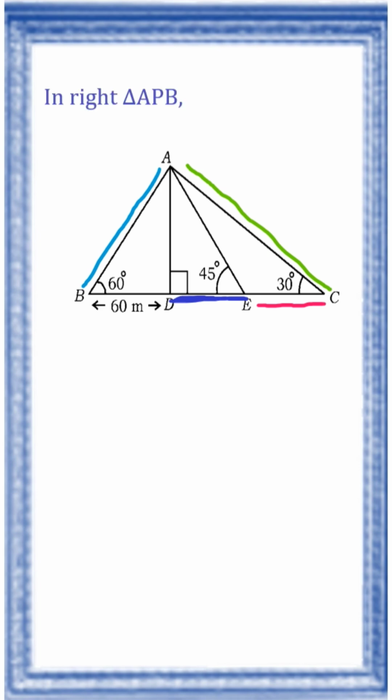In the right angle triangle APB only, let us calculate AB. Sin 60. By using this one only we can calculate. Don't bother about this one. Sin 60 means AD by AB. AD we have just now found.